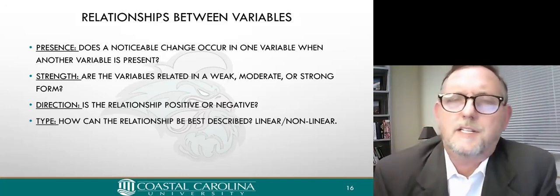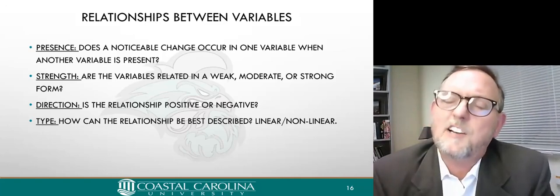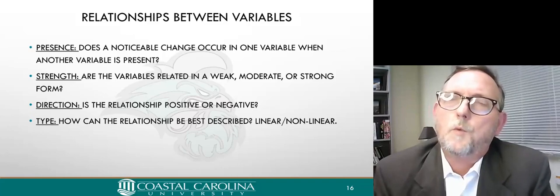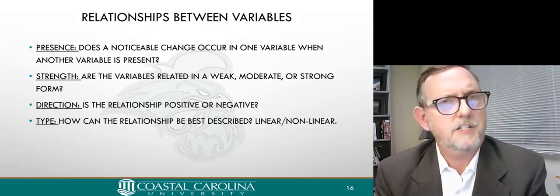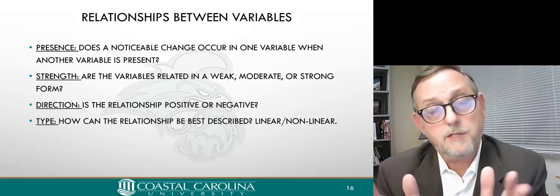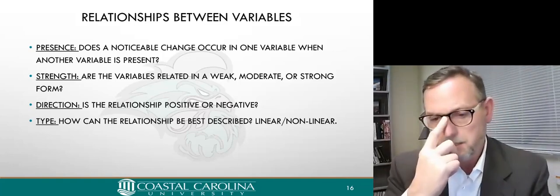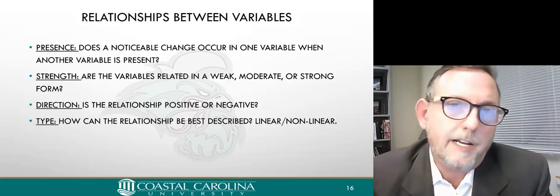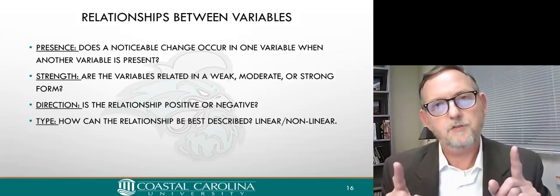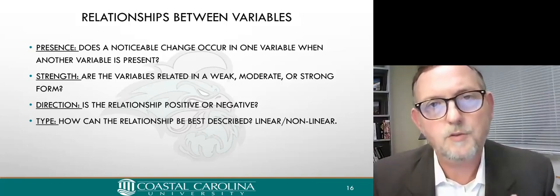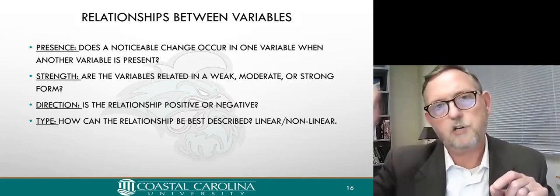This is kind of a tricky one because sometimes we don't think of this right offhand. We assume that variables go together maybe in a linear fashion, but they don't always. Sometimes they go in a curvilinear fashion. Think of a quadratic equation, where the two variables are not related in a linear sense but in some type of curve.